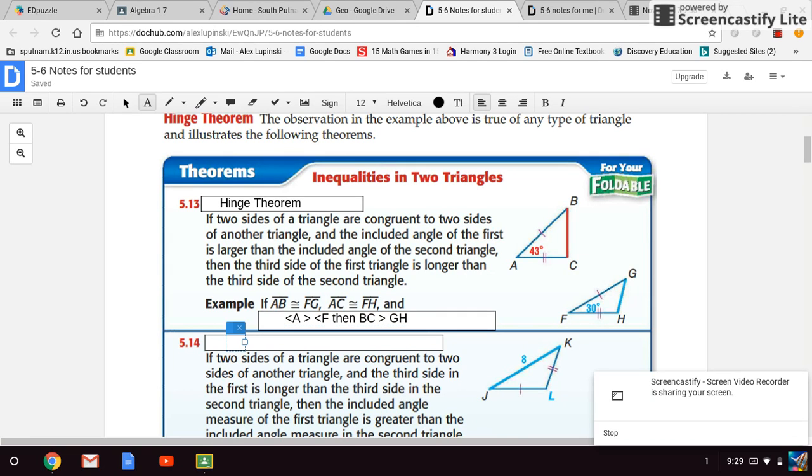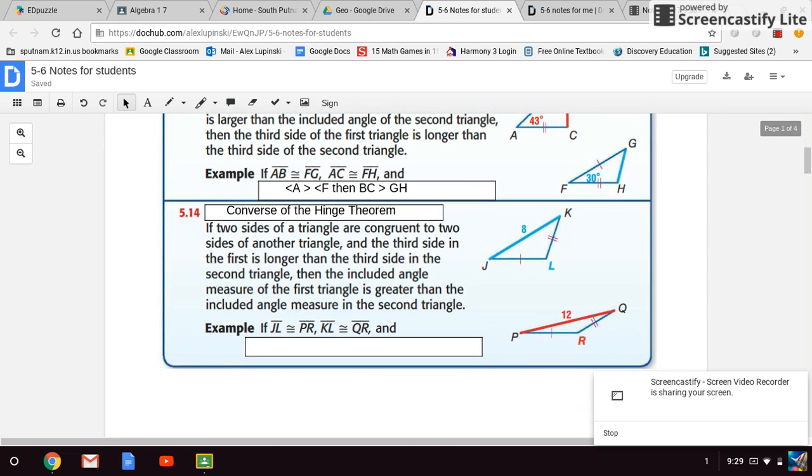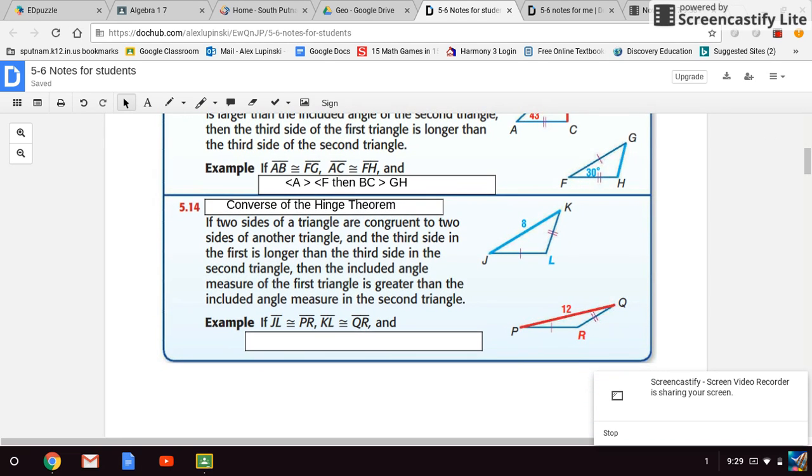And the converse is basically the exact opposite. It's the converse of the Hinge theorem. The converse of the Hinge theorem says, so last time we had angles to sides. This time it's sides to angles. So we have two sides, JK and PQ. JK is 8, PQ is 12. So JK is smaller than PQ.